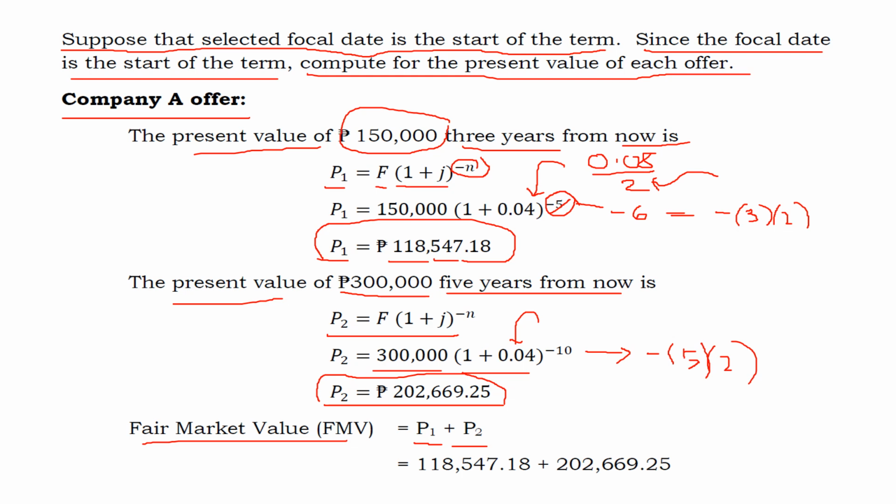That is 118,547.18 pesos plus 202,669.29 pesos. Whatever the resulting value here will be your fair market value for this company A offer.